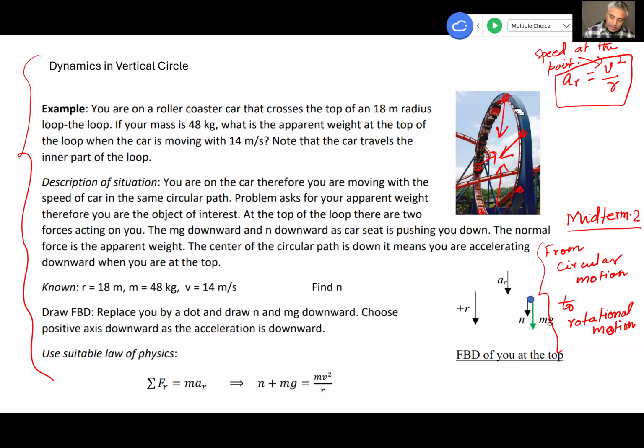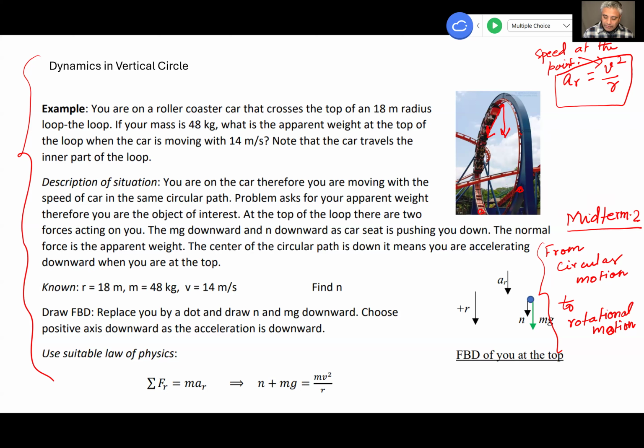So even if it's not pointing towards the center, sometimes the acceleration may be pointing slightly off from the center. Then you can always find the component towards the center. Maybe it's easier if I show it here. So let's say rather than pointing like that, it is pointing slightly off.